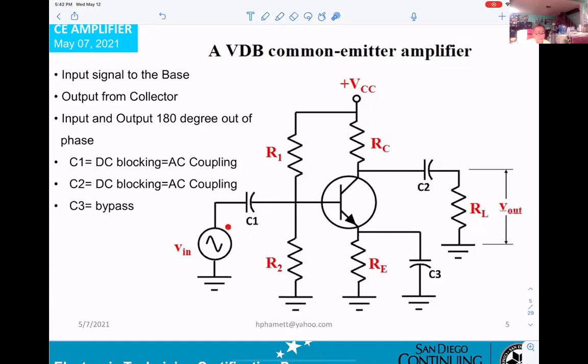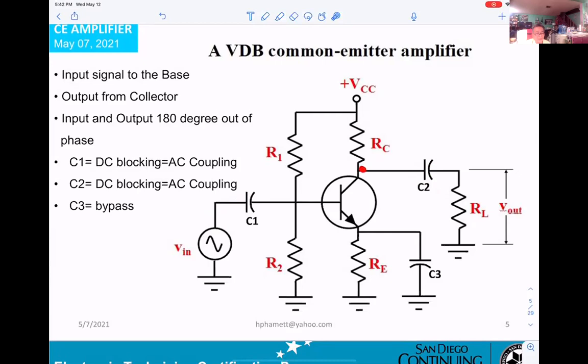However, no DC from the input can go to the base. Same thing for C2, DC blocking, AC coupling. That means at the collector, you get two different types of signal: one is the DC bias, and the other is the sine wave.